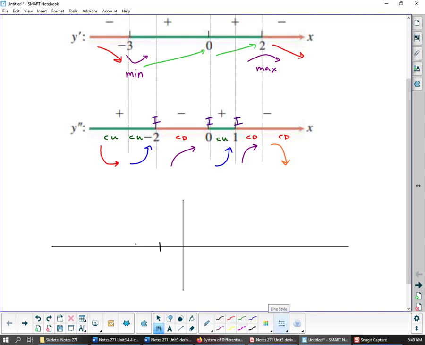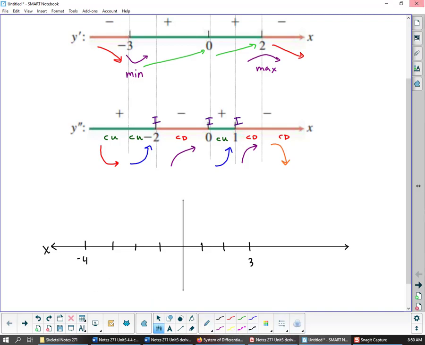We're going to go out 1, 2, 3, 4. That's x equals -4. And we're going to go out 1, 2. Do not worry about scaling your y-axis appropriately because that's not always going to make sense within the context of the graph.